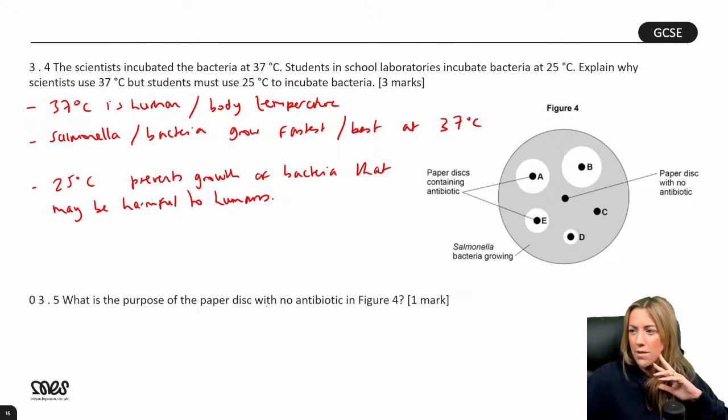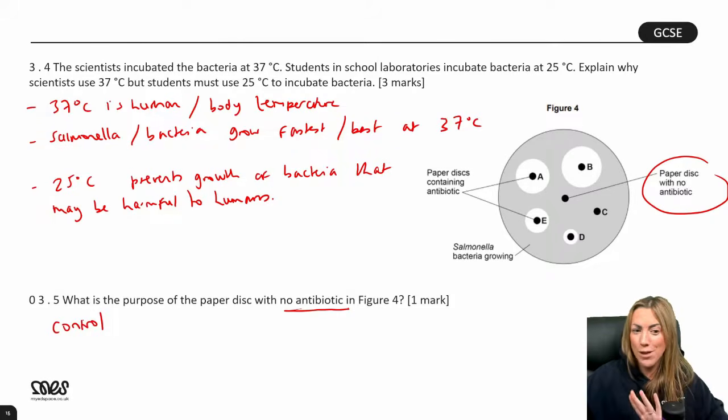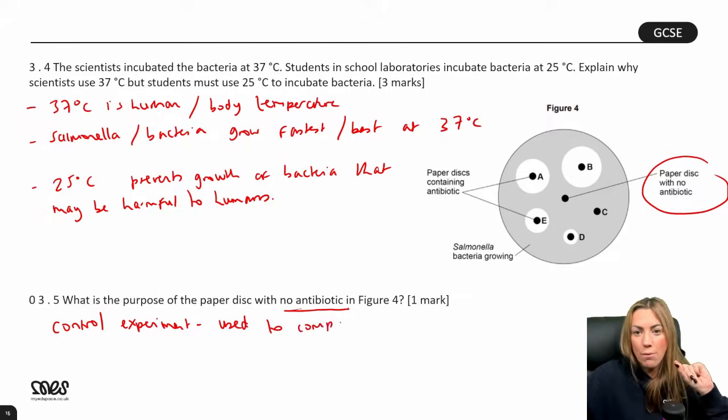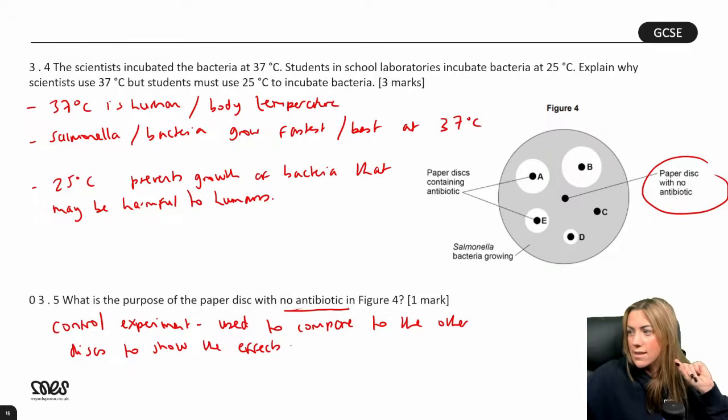What is the purpose of the paper disc with no antibiotic in figure 4? This is what we call a control. It's not a controlled variable. Do not put control variable. It's a control or a control experiment, which means it's used to compare to the other discs to show the effects of the antibiotics.